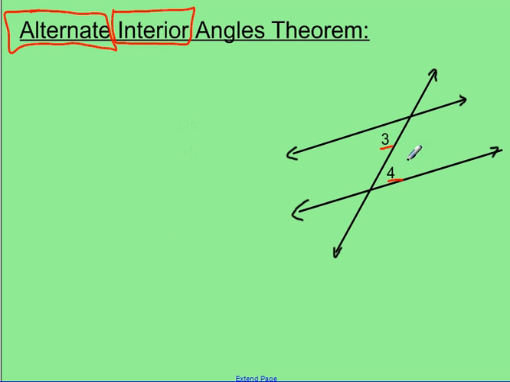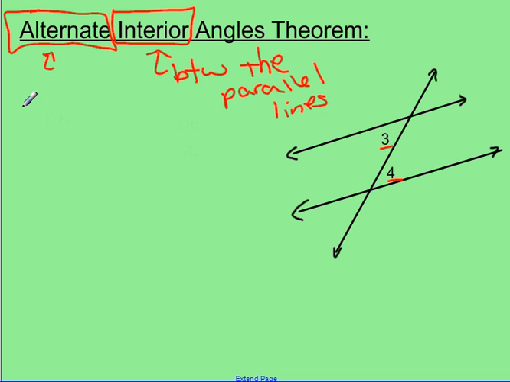That means that they are on different sides of the transversal. Interior means between the parallel lines. Alternate means on different sides of the transversal. Okay? Write those notes down, guys.